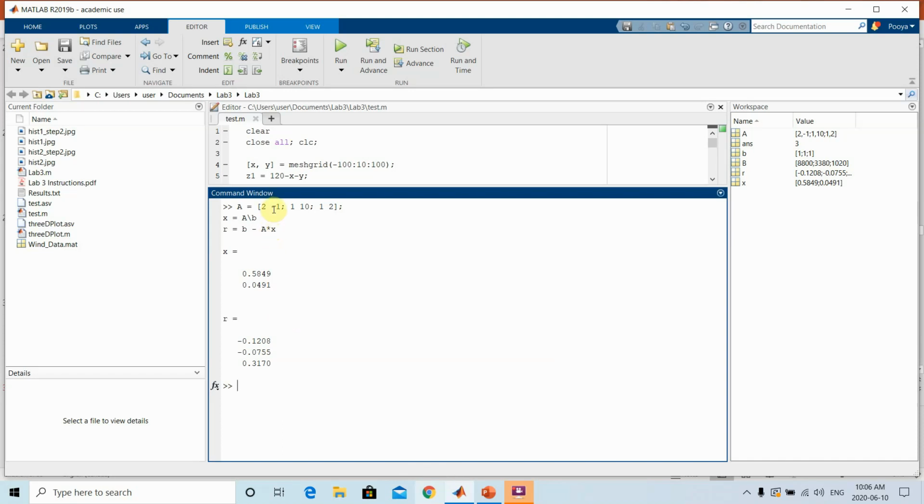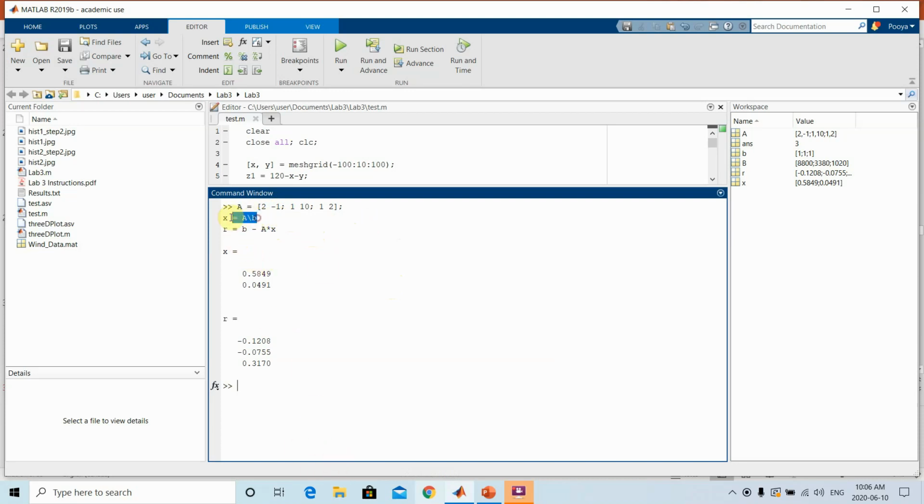So here we have 3 equations but 2 unknowns. This is a 3 by 2 matrix, but B is still 3 by 1, and X has only 2 elements, so we only have 2 unknowns, right?